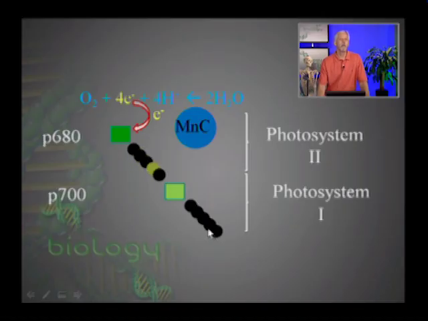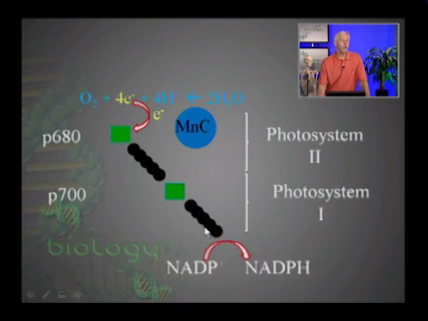That electron is passed along, will replace the electron lost by the P700 of photosystem 1, and then those electrons get passed through that electron transport system and picked up by NADP, which is reduced to NADPH. So when we look at this flow of electrons, the source of electrons is water molecules. The terminal electron acceptor is NADP, which is getting the electrons out. And that will then give us flow of electrons.